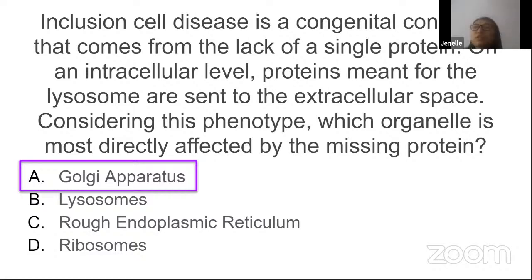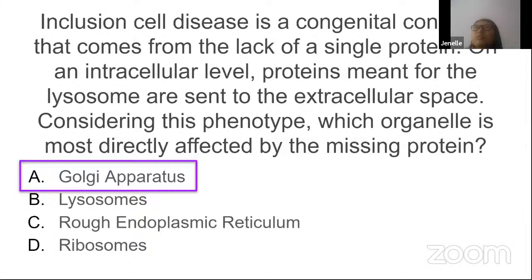Considering this phenotype, which organelle is most directly affected by the missing protein? In the second sentence, it mentions that proteins meant for the lysosome are sent to the extracellular space, a different location from where they're meant to go.